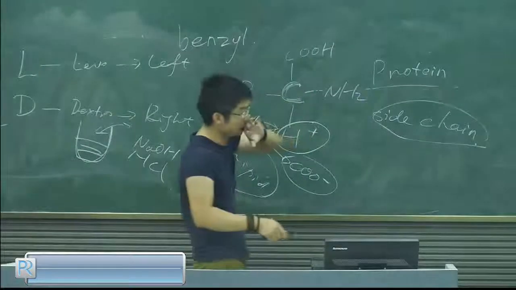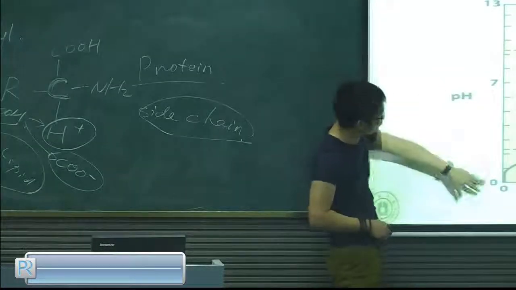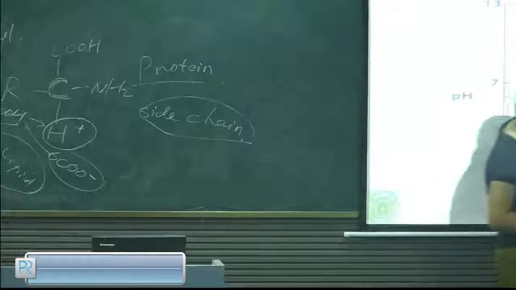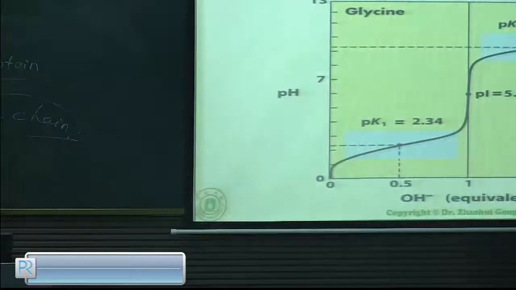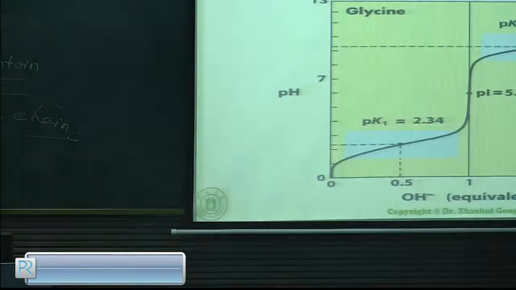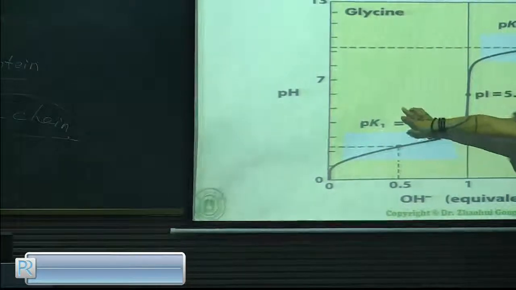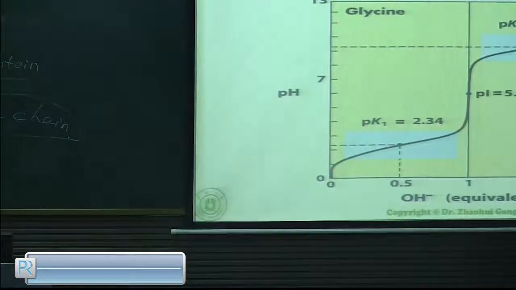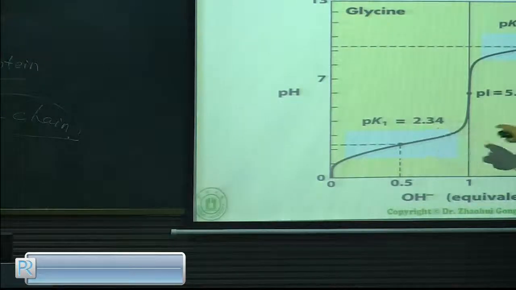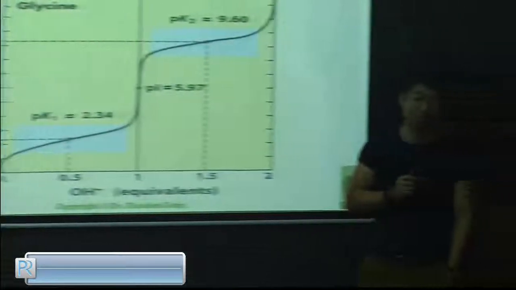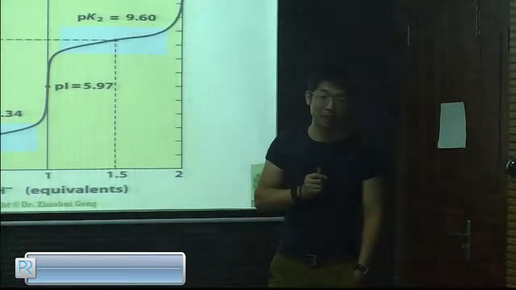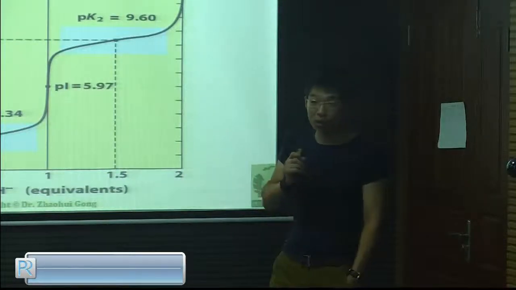Here is a figure. The x-axis indicates the hydroxyl ions, and the y-axis indicates the pH value. You can see it increasing from 0 to 9.60. So in the middle, for this specific amino acid, is it positively charged or negatively charged?